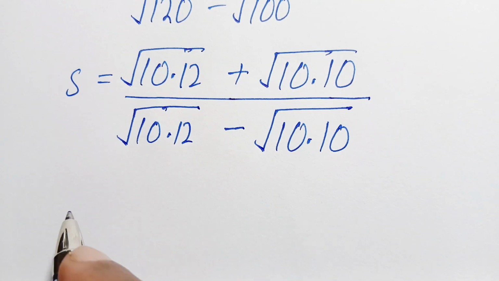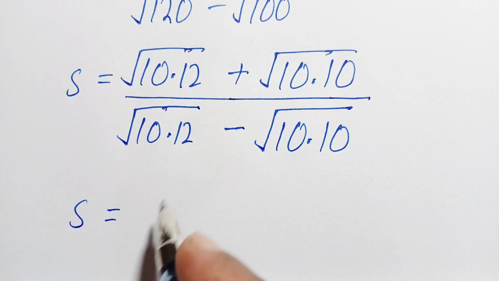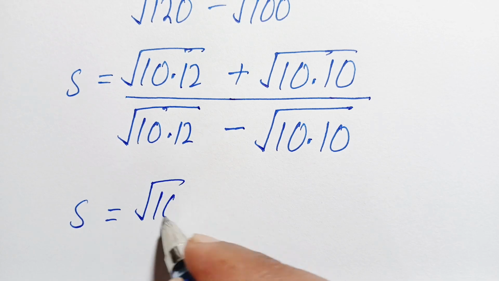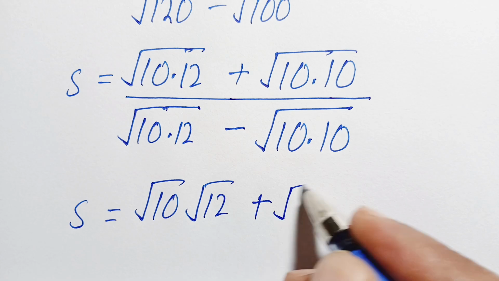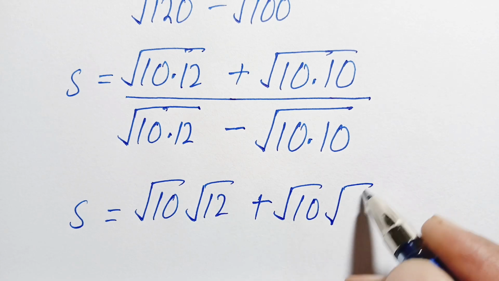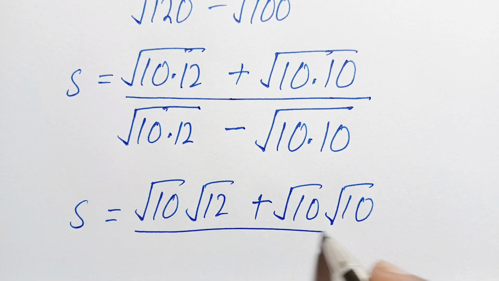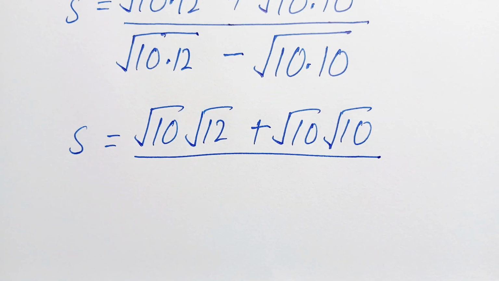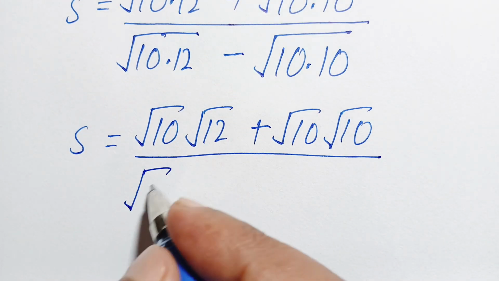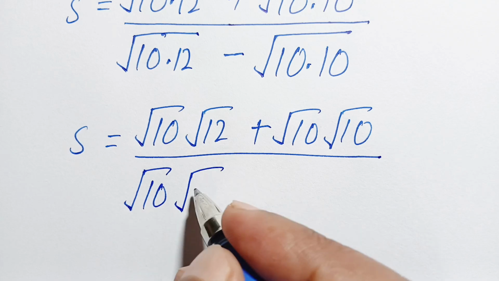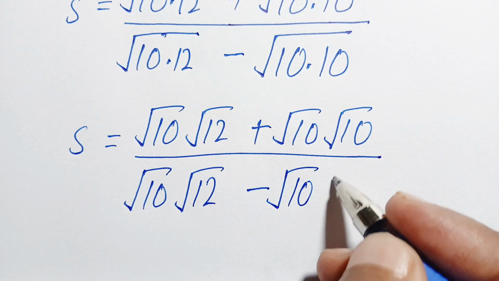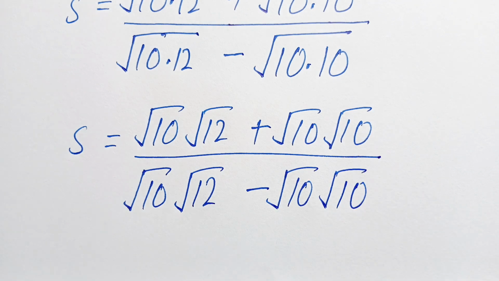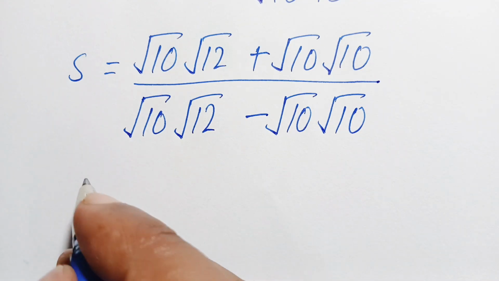Next, S equals square root 10 square root 12 plus square root 10 times square root 10 over square root 10 times square root 12 minus square root 10 times square root 10.